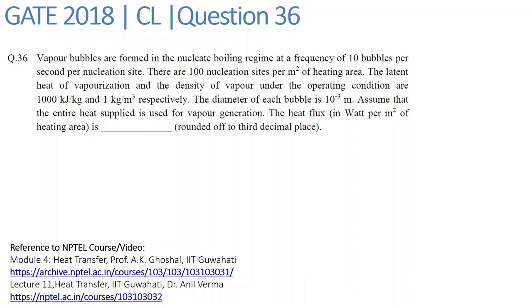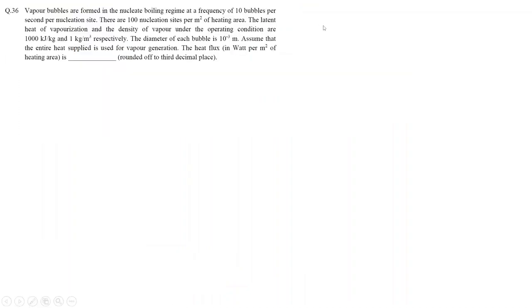So for this given boiling scenario in the nucleate boiling regime, we have been asked to find the heat flux in watt per meter square of heating area. Let's consider this is a vessel, and from here we are providing the heat.